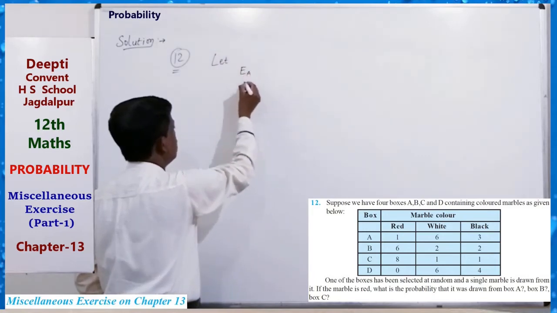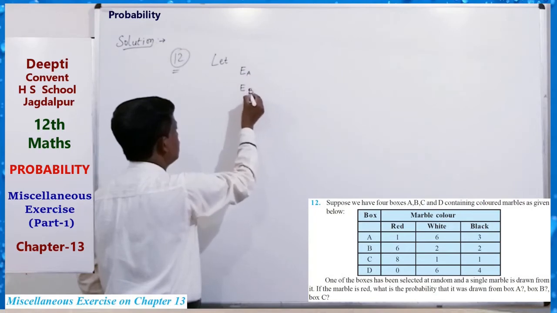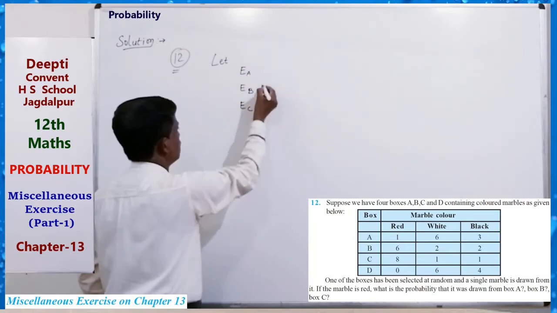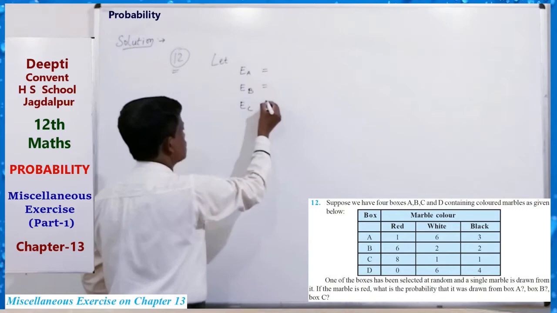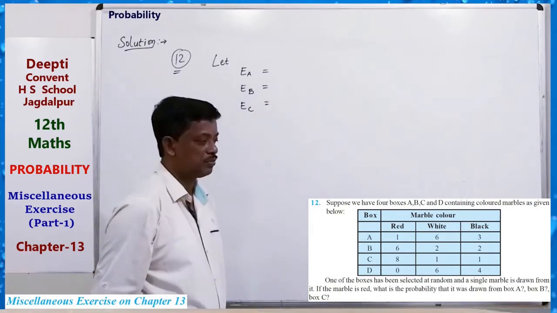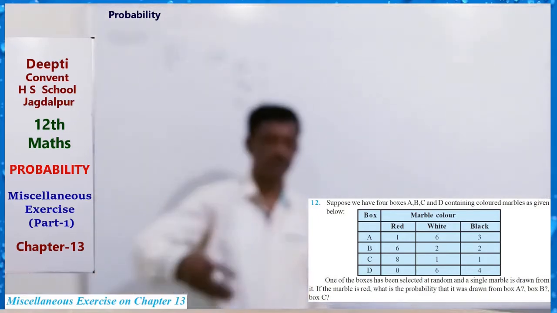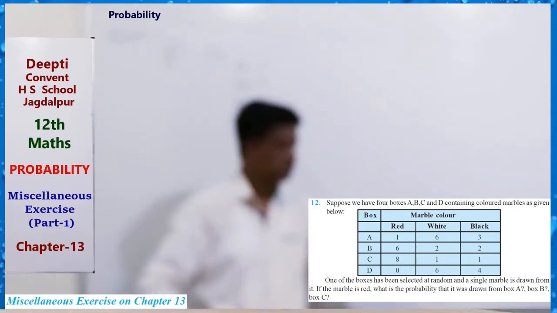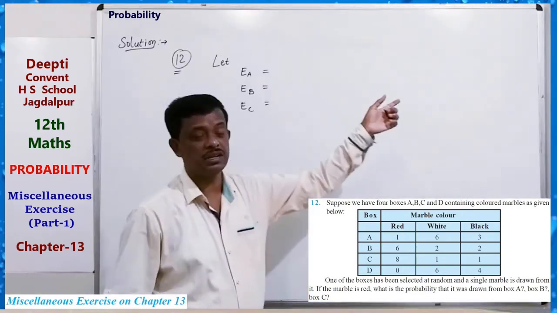So let the events be EA, EB, EC. The red ball may come from box A, box B, or box C, because in box D there is no red ball.